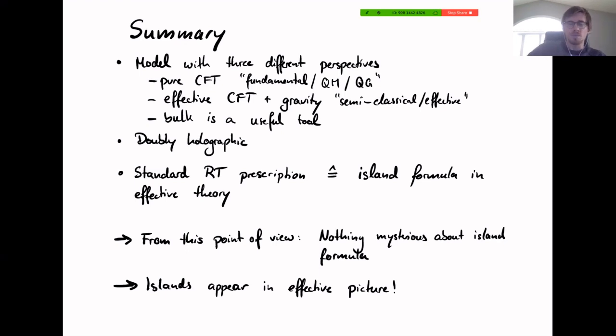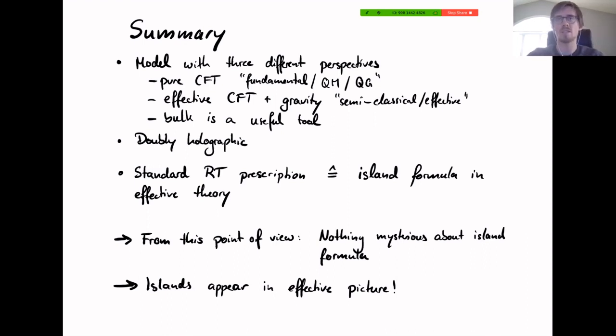And the punchline, the thing I wanted to convey here, is that in these doubly holographic settings the standard RT prescription gives you the Island formula in your effective theory. And so from this point of view, there's really nothing new or mysterious about it. It just follows from rules and calculations that have been accepted for the last 10, 20 years.